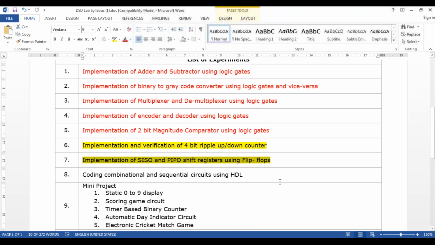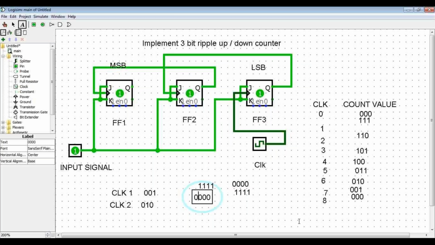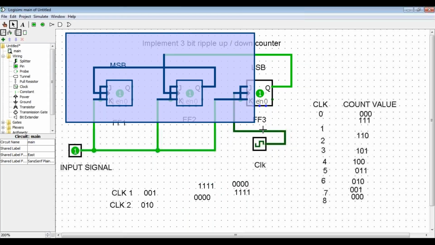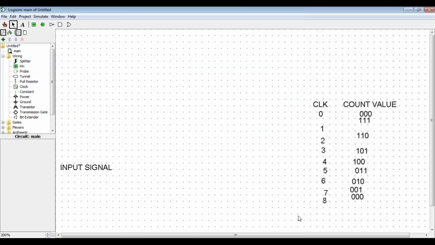So now we are going to implement by using Logisim software. Just listen. Now I am going to erase all the previous circuits.